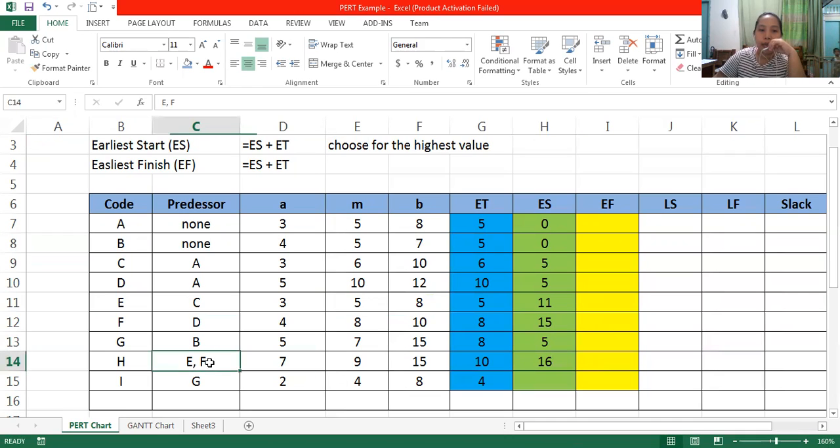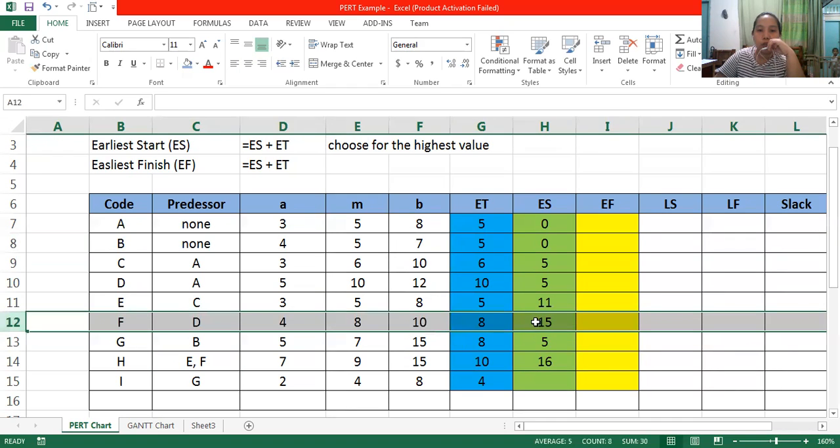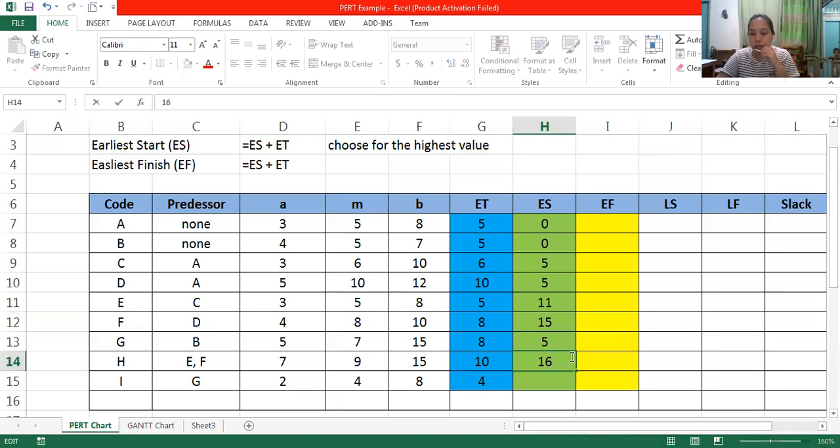Then there is also F. Let's go back to F. F is 15 plus 8, so that is 23. So you're going to choose the highest value, so you have to choose 23.